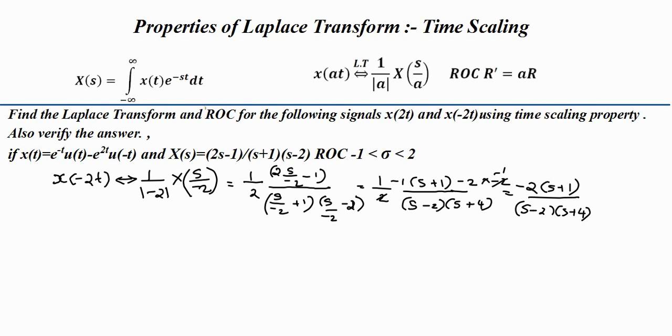About the ROC, initially it is given as -1 < sigma < 2. Now you need to multiply by a, where a is equal to -2, so we need to take some care. Since we are multiplying by a negative quantity, we definitely need to change the sign of the inequality.